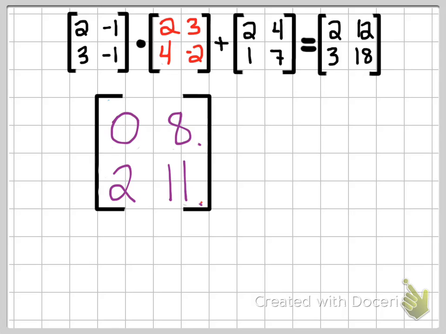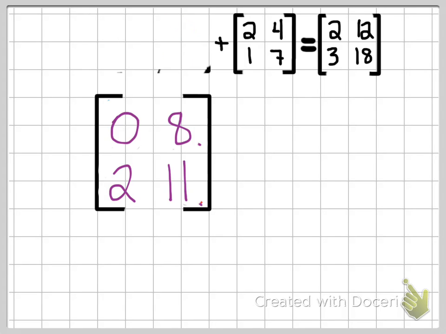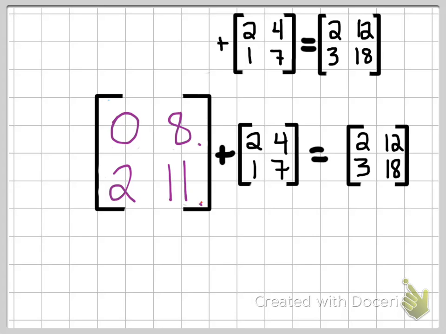So now that we have our solution for the matrix multiplication, we can eliminate this because that's what our answer was, and we can see that we have to add a 2 by 2 matrix and see if it is equal to our last quantity.